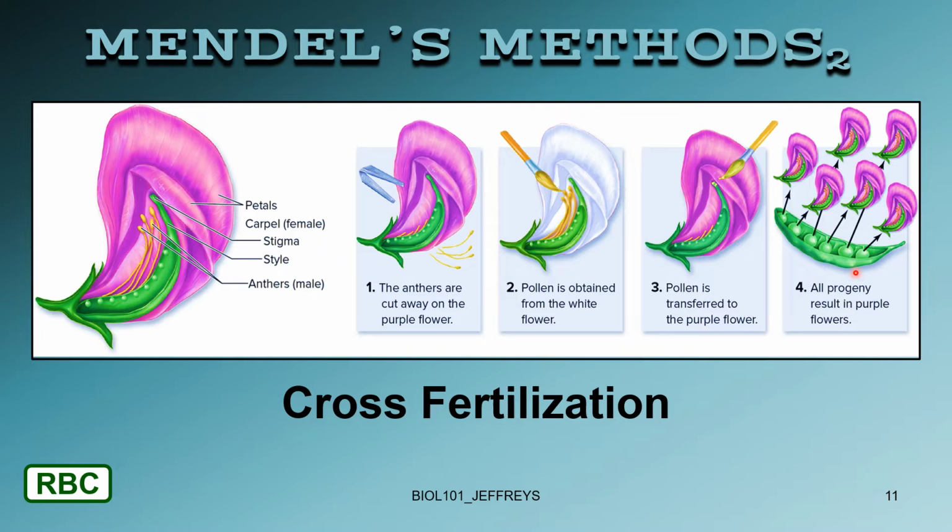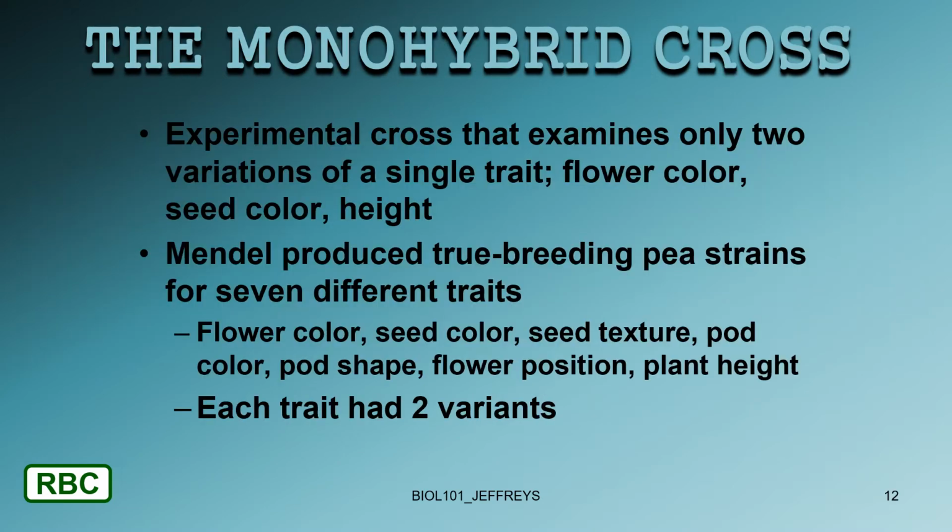And in the first filial generation, all the progeny end up with purple flowers. And so his question was, well, what happened to the white flowers? Because I crossed purple with white. Here there's no blending, there's no light purple. And there is no demonstration of white flowers.